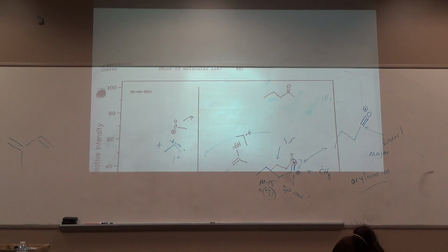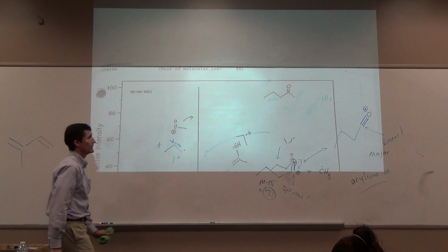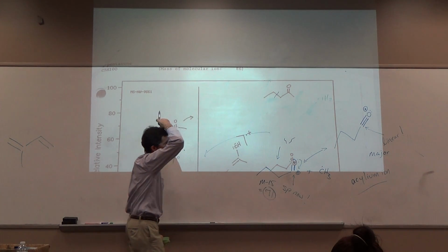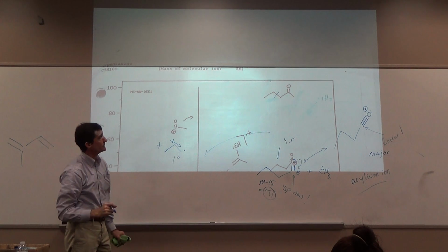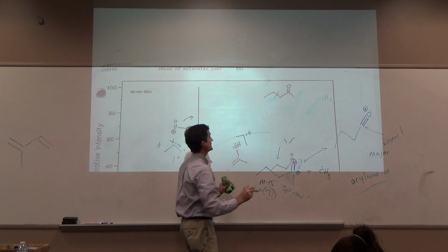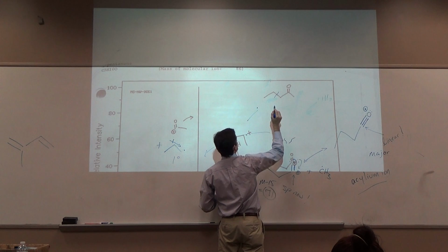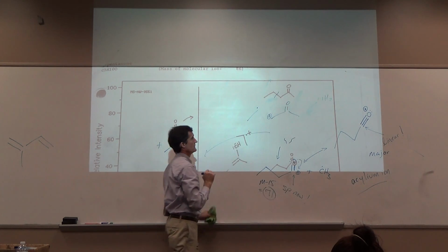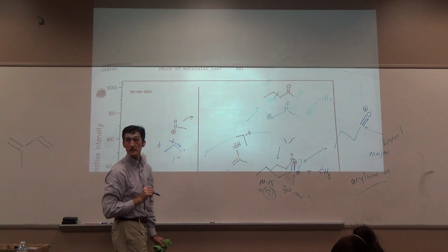Question? What if could you cleave between the 2 and 3 carbon on that chain? Here? Yeah. Well, you could, I mean, but that's not going to give you a resonance stabilized cation. That would give you maybe this radical and this cation. Something like that.